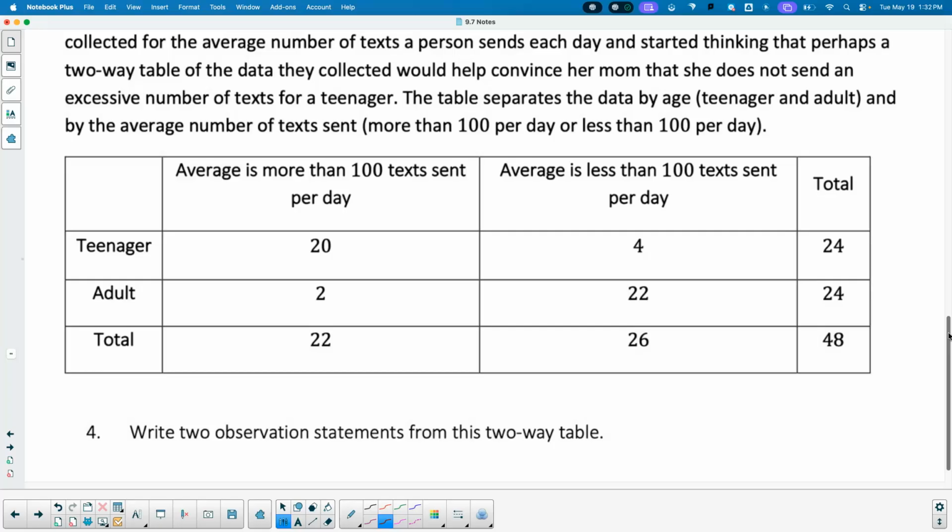What else? Adults, well, that's kind of an inference, but yeah, because we only have data that's on text. You know what I mean? So we don't know what else is going on. Yeah. But I agree. Adults usually tend to be a little bit more busy, a little more responsibilities.